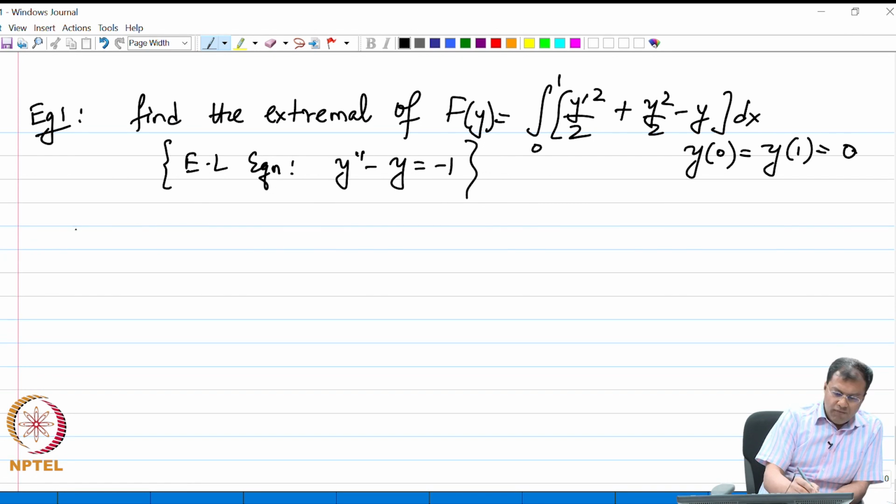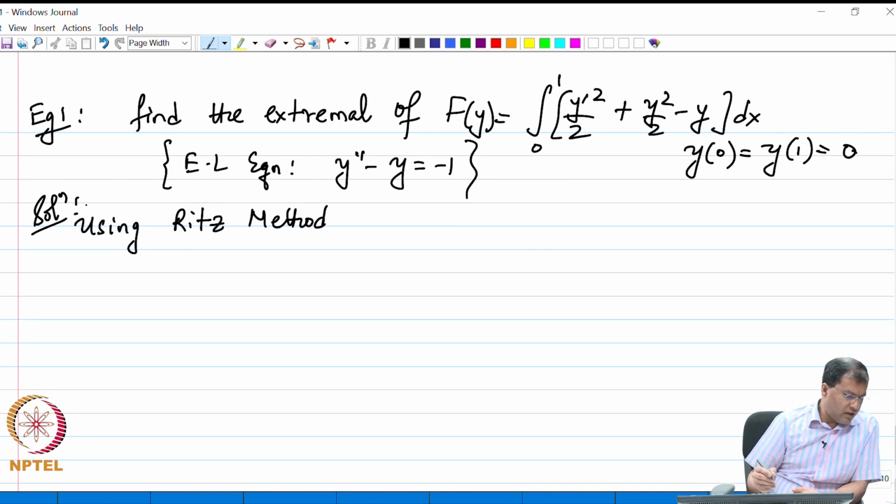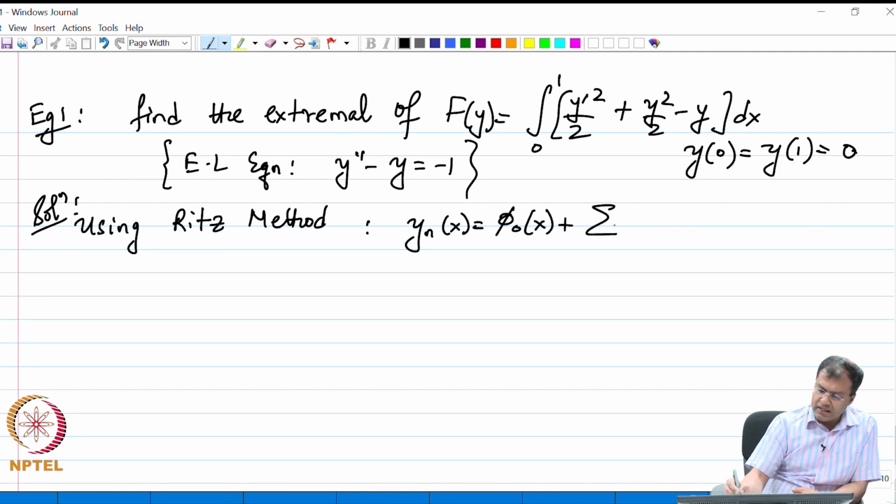So, if we were to use the Ritz method, let us say this is the solution. The Ritz method shows that y n of x is phi 0 of x plus the summation of C i phi i of x, where i is from 1 to n.